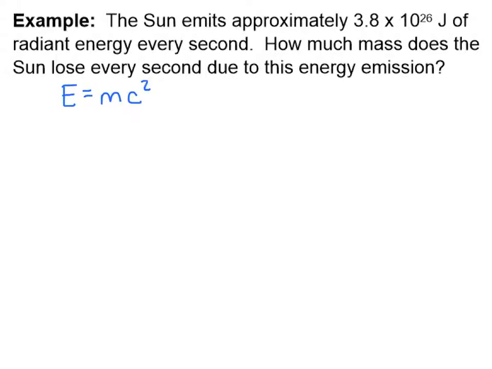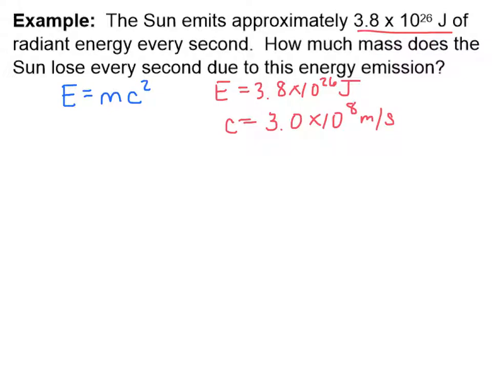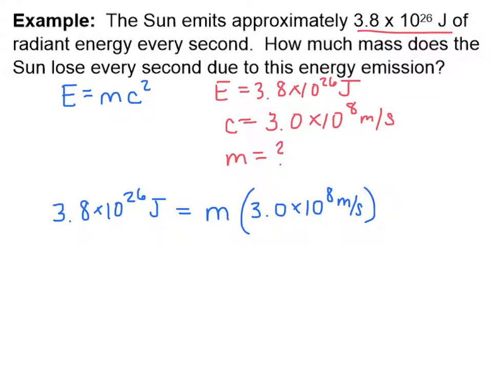I'm going to write down the equation that I'd like to use, E equals mc squared, and I know values for E and for the speed of light in a vacuum, which is c. And I want to solve for m. M is my unknown. When I plug the values into this equation, I'm simply substituting this value for E, this value for c, and don't forget to square the c.